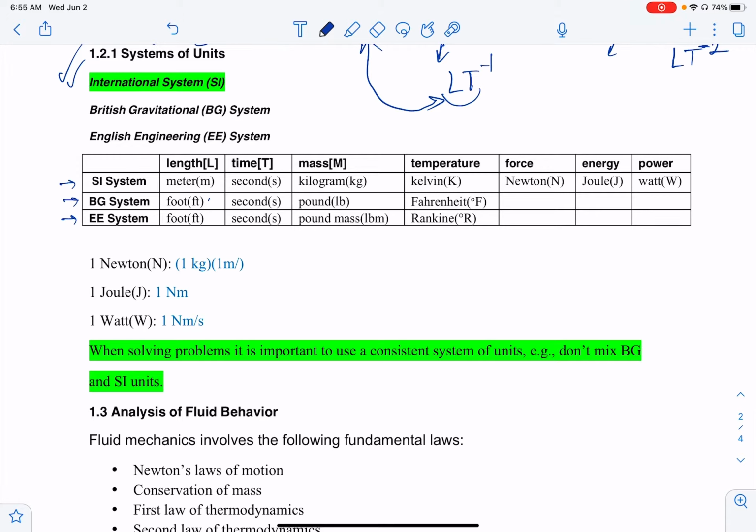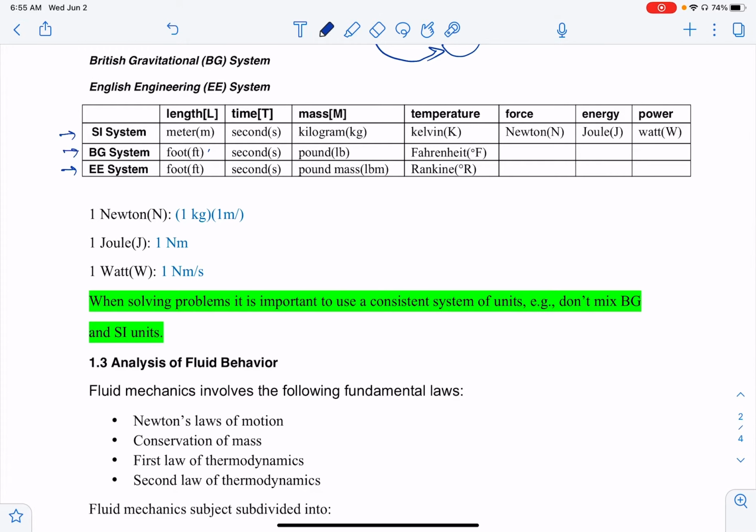The temperature we use is Kelvin in the SI, and we also have force, energy, and power. Remember that 1 Newton, which is N, is basically 1 kilogram multiplied by meter per second squared, and then joule is Newton meter, and watt is Newton meter per second.